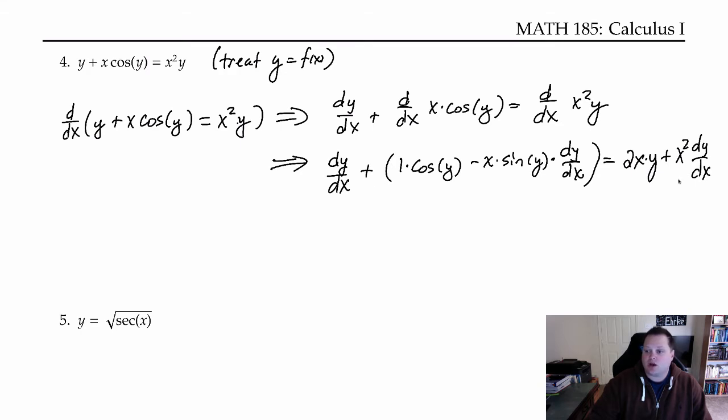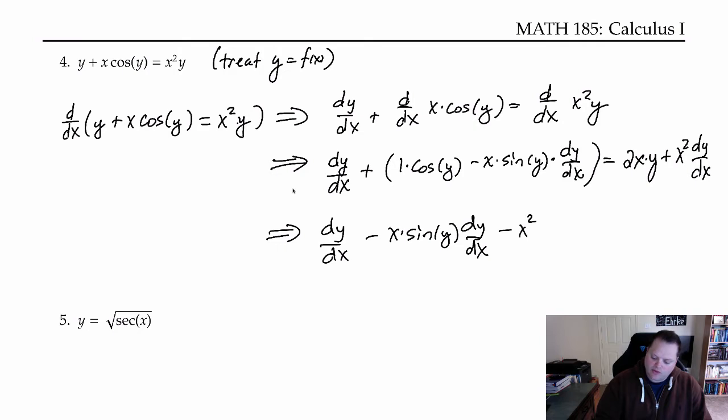To finish out this problem, you should solve for dy dx. So I'm going to bring all my dy dx's over to the left. So dy dx minus x sine y dy dx. Then bring this other one over, so minus x squared dy dx. All of the other terms are on the other side, so this is 2xy minus cosine y.